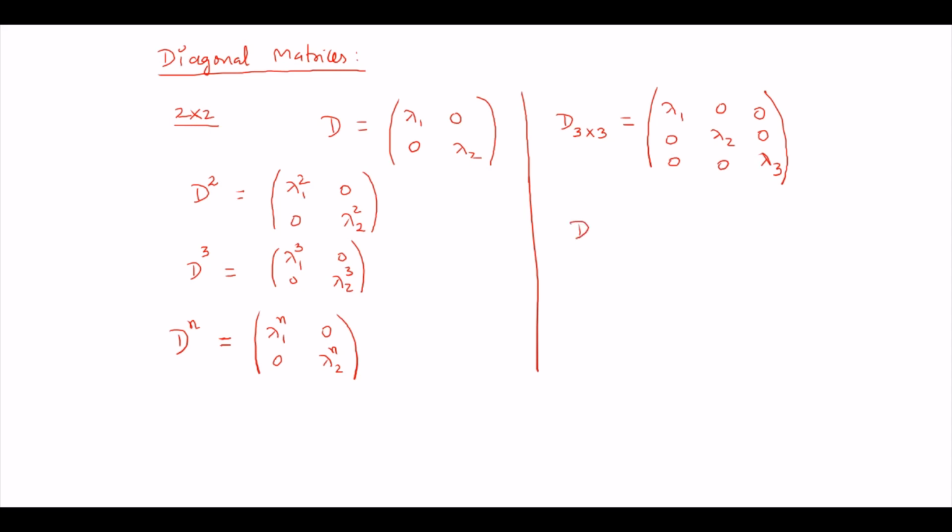And for nth power, where n is an integer, we can write it as lambda 1 power n, 0, 0, 0, lambda 2 power n, 0, 0, 0, lambda 3 power n. That's it.